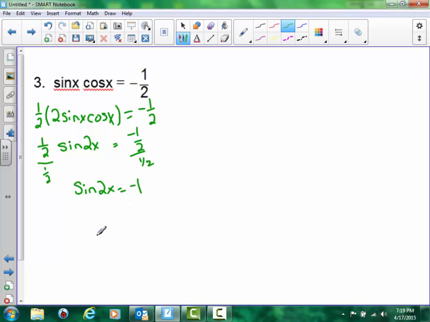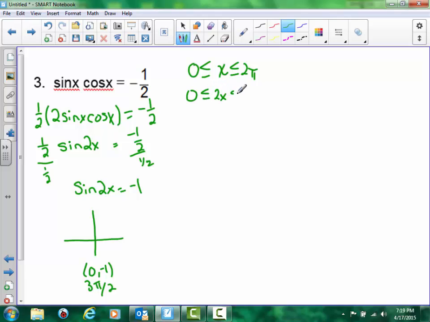And I know that on my unit circle, negative 1 occurs for sine at 3 pi over 2. So if I use the method we did on the front where we're going from 0 to 2 pi, we then multiply by 2, so we go 0 to 4 pi.